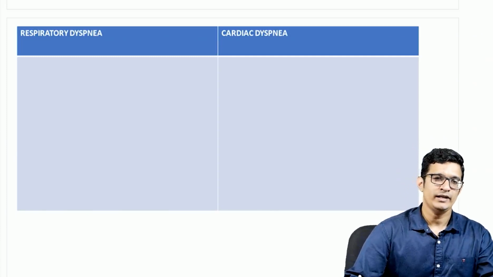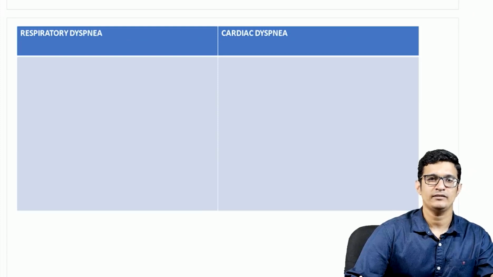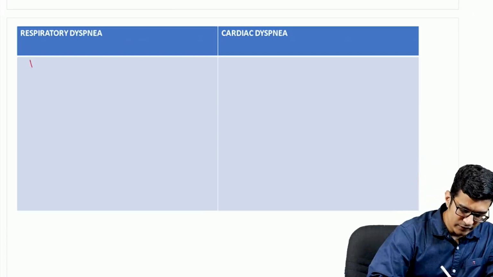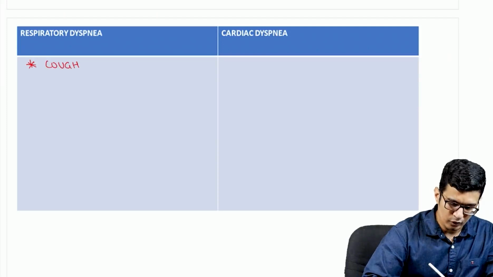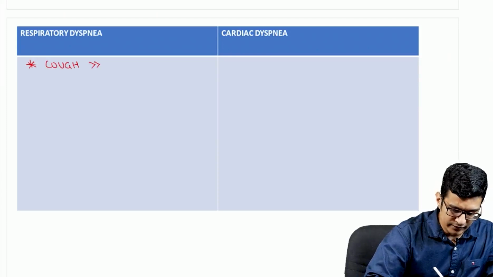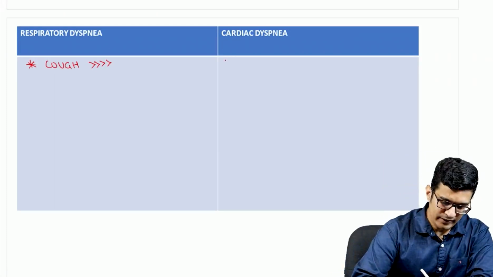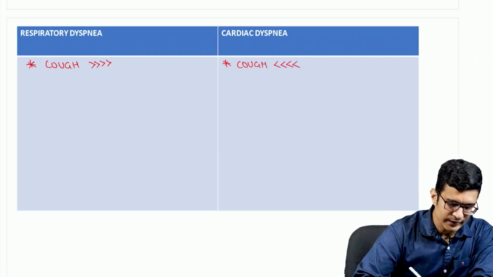In most of the airway diseases, the earliest complaint that the patient presents with is going to be mostly cough, because whenever there is an inflammation of the airways, the patient will predominantly complain of cough as his major complaint. So cough is a very important association in patients with respiratory breathlessness, whereas cough association is not so common in a patient with a cardiac problem.